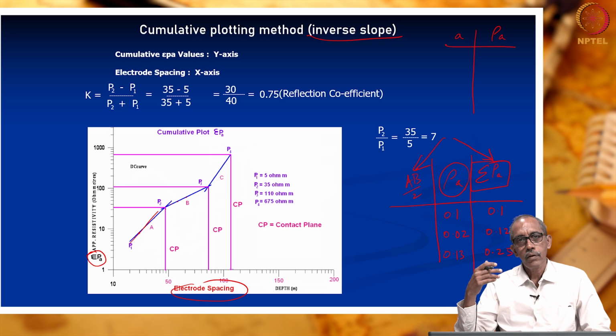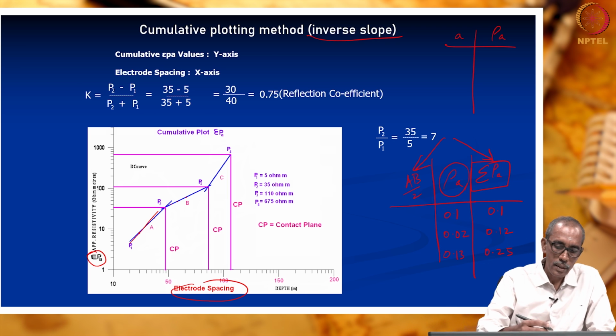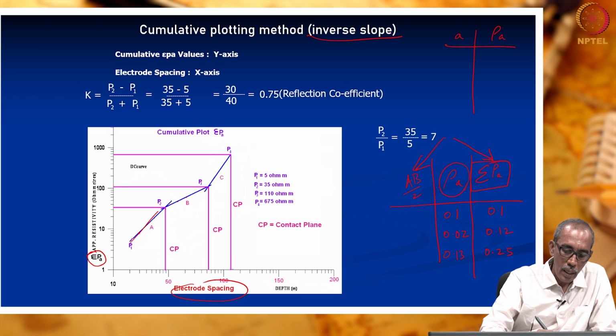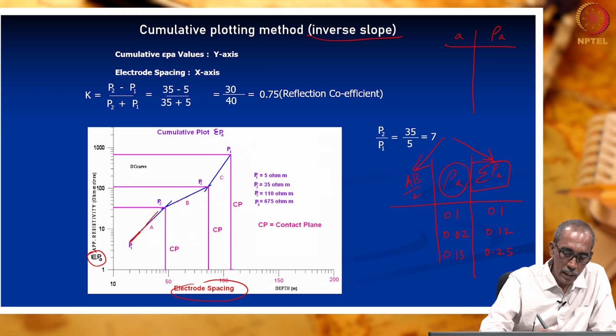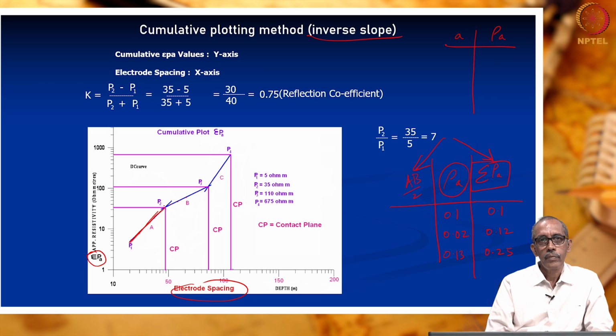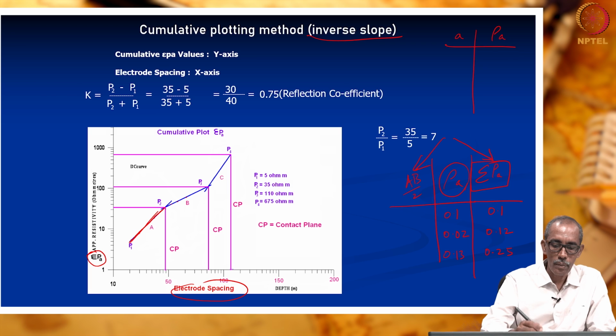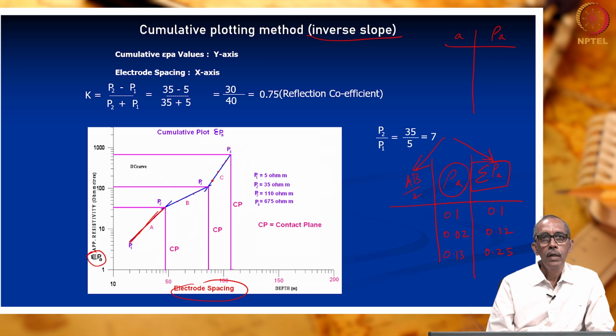The advantage of the cumulative resistivity plot is that the points will more or less fall on a straight line. So, all points falling on a straight line are connected, as you see in this diagram. Here is another set of points which are also connected. Here is the next set of points which are also connected. So, we end up having several segments of straight line in the cumulative curve plotting method.